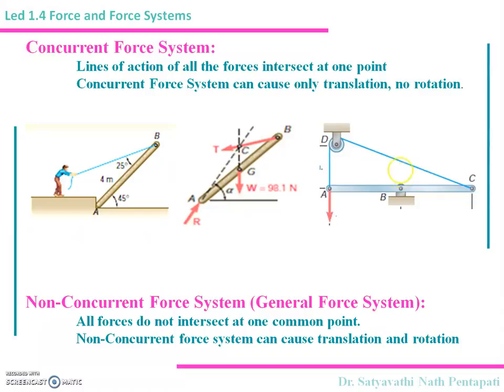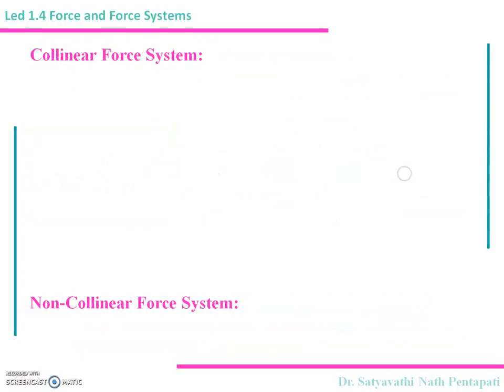The tension in the string will pass through C, the applied force passes through A, and the normal reaction at B will be here. All of them cannot meet at one point. That is why it is called a non-concurrent force system.